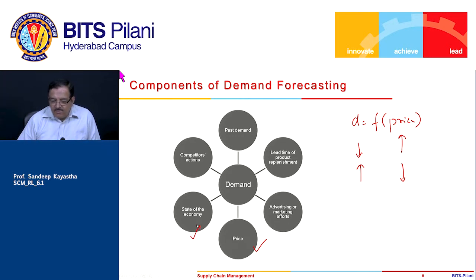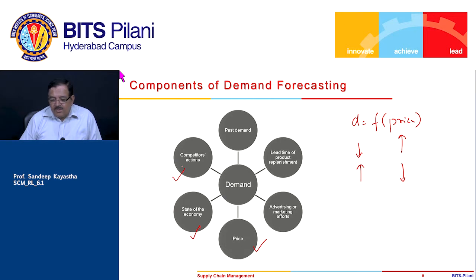When the economy is doing well, after good monsoons, or globally, if the price of oil has come down, you'll find almost all manufacturing companies are doing well. So aggregate demand increases. So it is the state of the economy also, apart from the price at which you are selling, that makes demand increase. Another thing that matters is the competitors' actions.